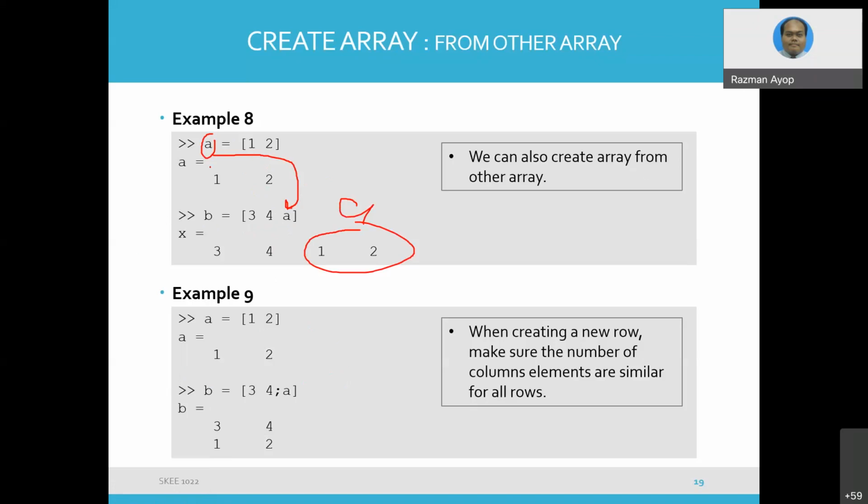I think this one is easy, no need to test this. This one is just space, right? Space means it is in the same row. If you want the next one in the next row, you just use semicolon, same as before. So you can practice here.